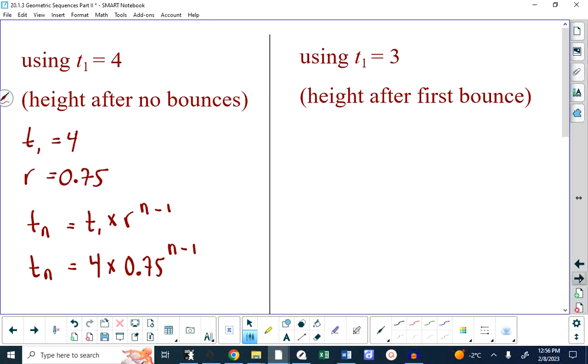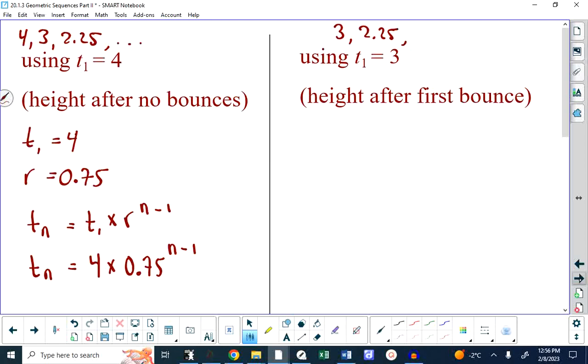If, however, we're a little more crafty about it and say, you know what, I'm not going to use that 4. So this sequence is 4, 3, 2.25, etc. This sequence is 3, 2.25, 1.675.